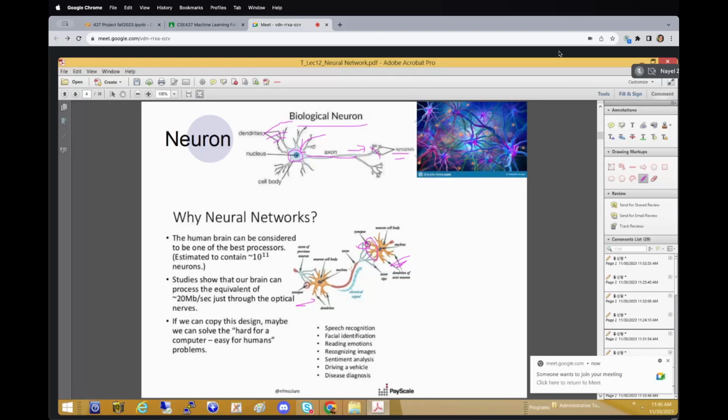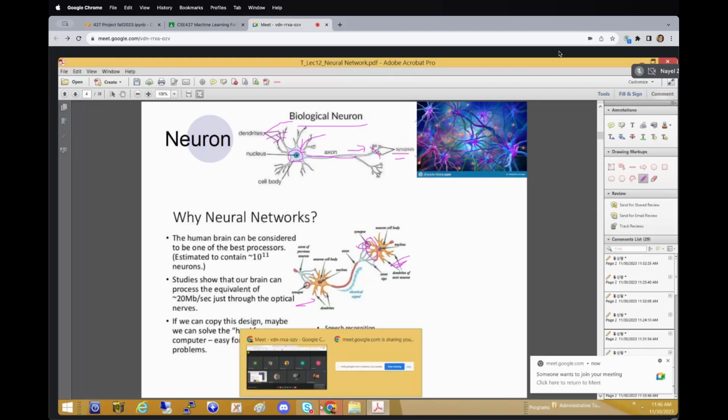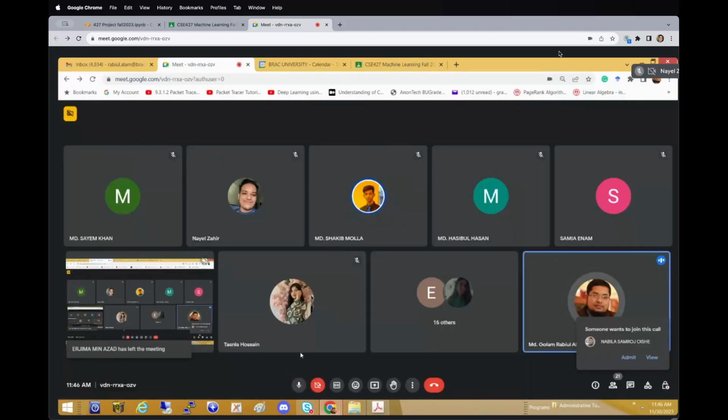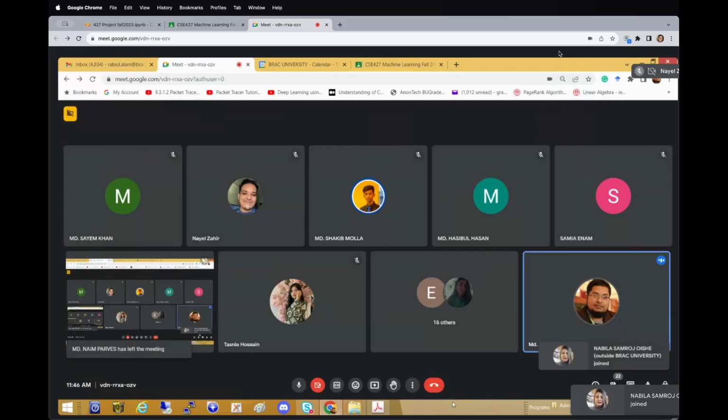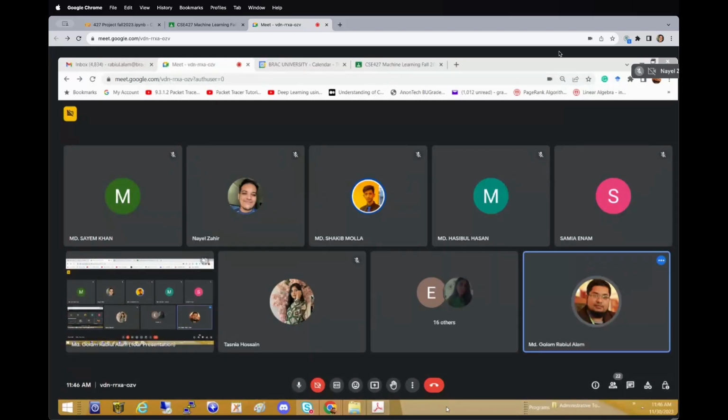But we actually have many neurons, billions of neurons in our human brain, which is huge, and that's why the computation capability of our brain is also huge. One neural network consists of billions of neurons, and I think in our traditional machines we cannot hold that many neurons.